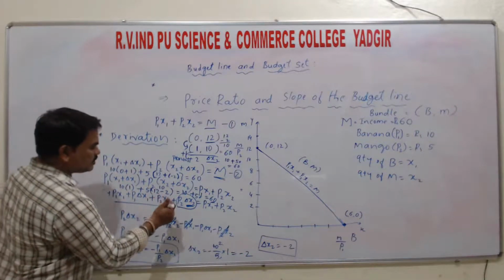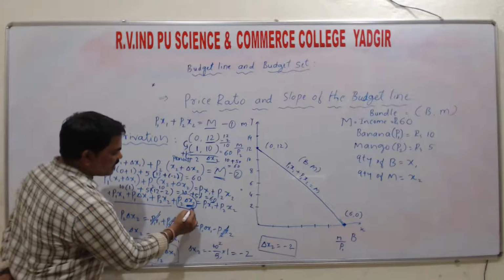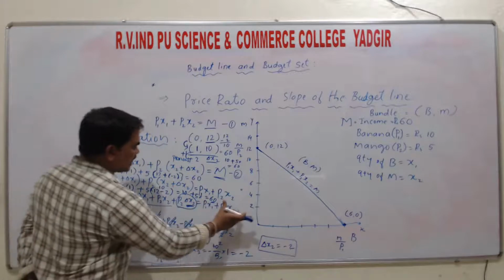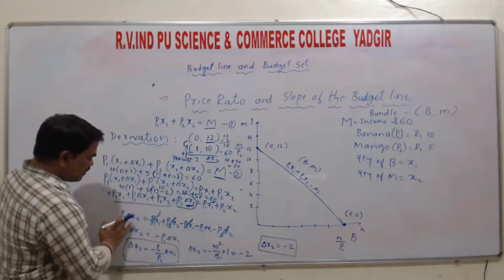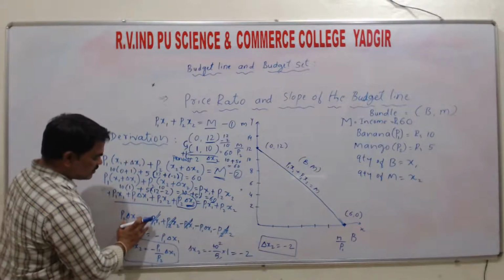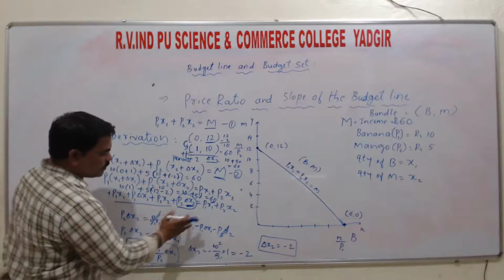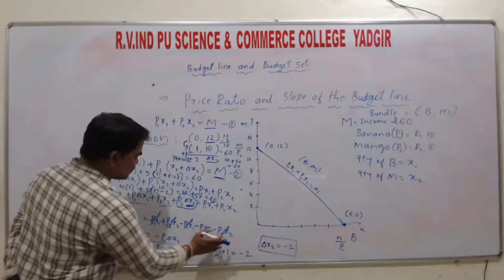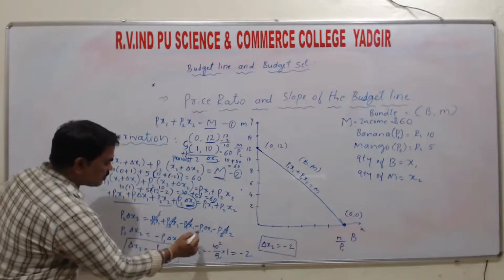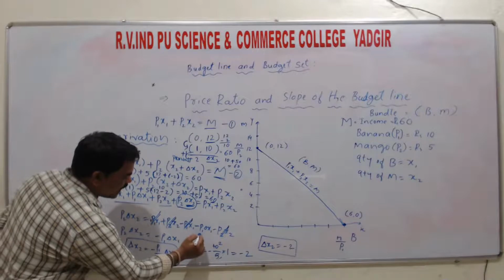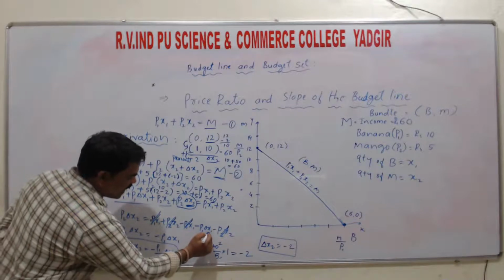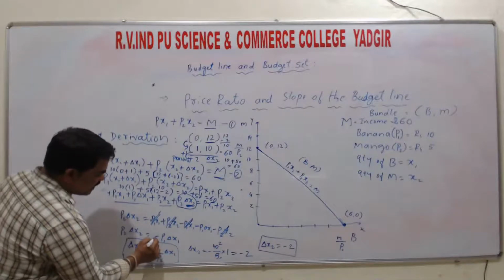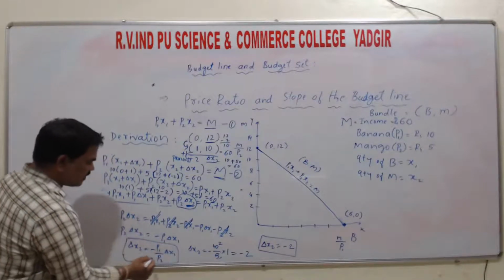Now I need this change in the quantity. So keeping this, I will take all the other terms to my right. If we do that, P2 times the change in the quantity of mango equals this one minus this. When we take out all those things, only the price of the banana and the change in the quantity of banana remain. We get minus P1 delta x1.